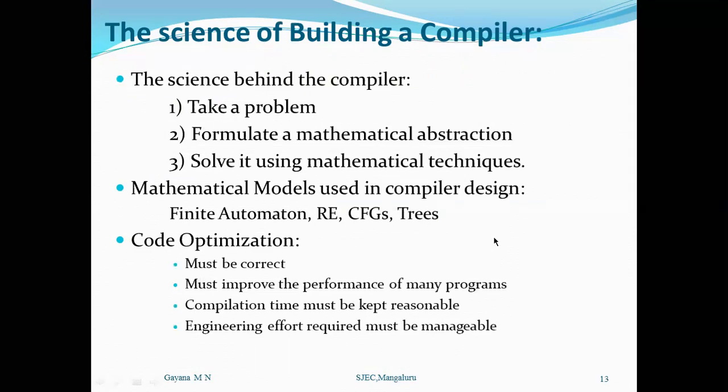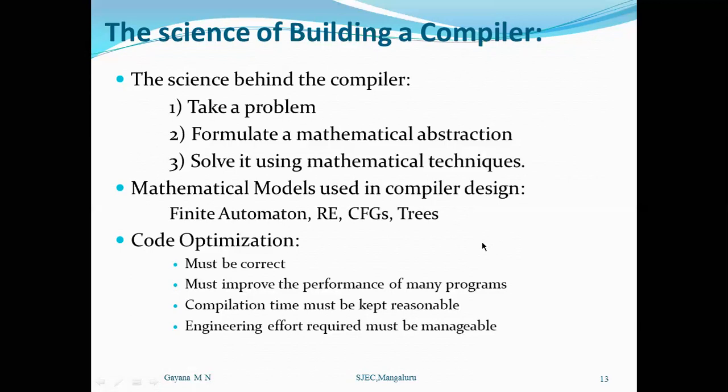So that would be a problem. And then you have to formulate a mathematical abstraction, and we have shown you the various phases. In every phase, you're trying to make use of one sort of mathematical abstraction, and then you're trying to solve it using mathematical techniques. Okay, so these are the main steps used in building the compiler.